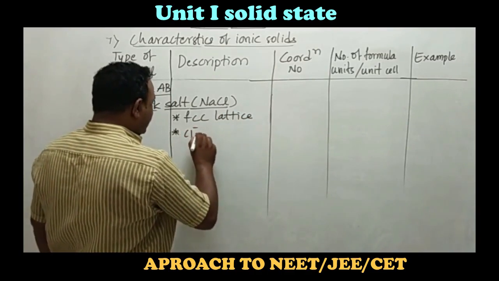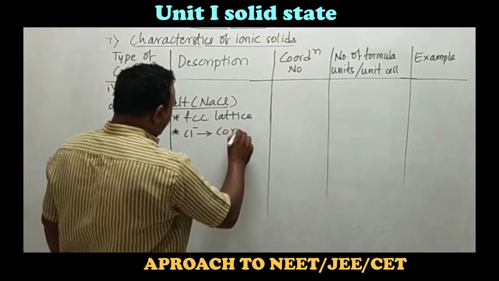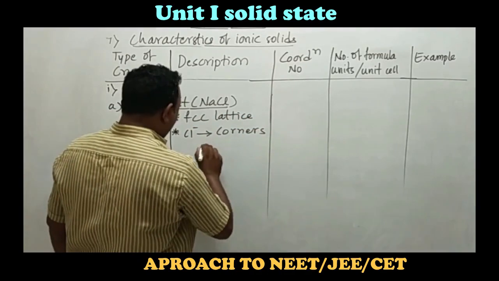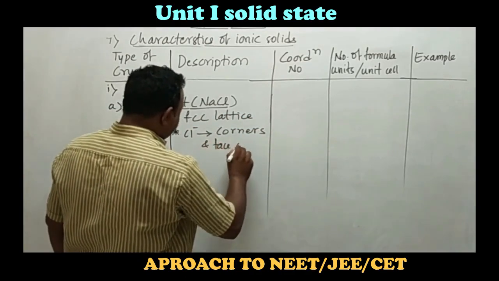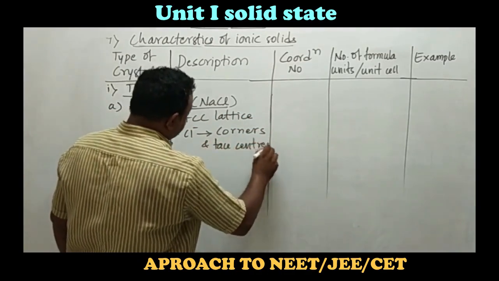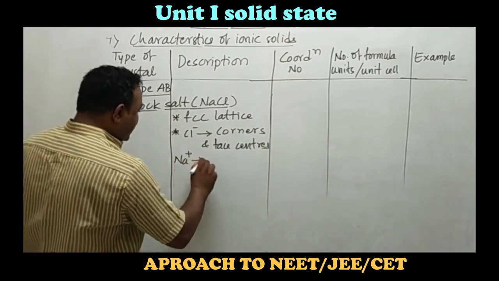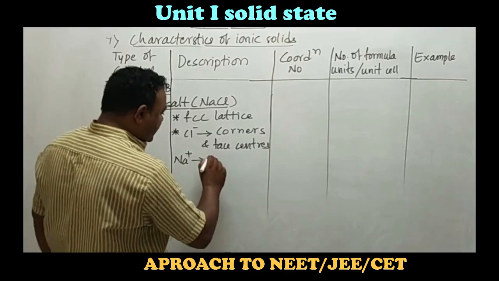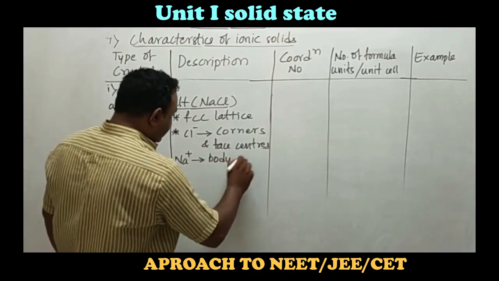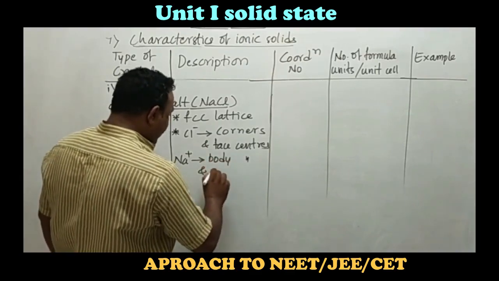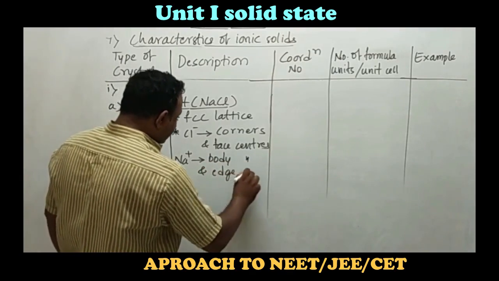Cl minus ions are present at the corners and also at the face centers. And Na plus ions are present at the body center and also at edge centers.